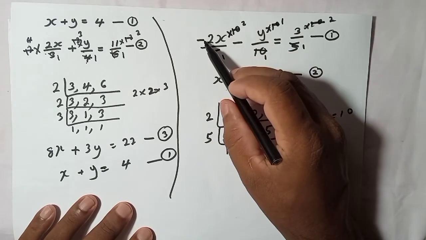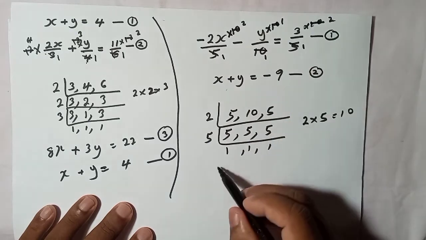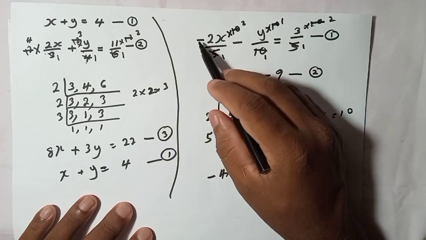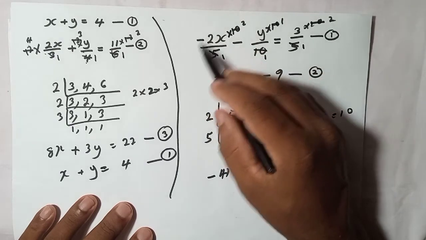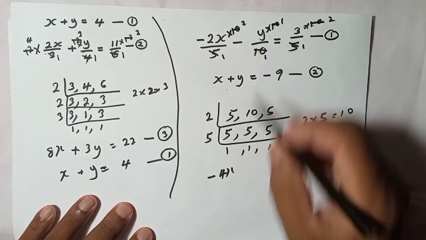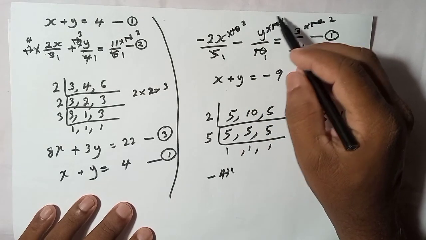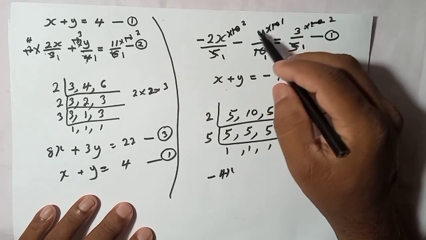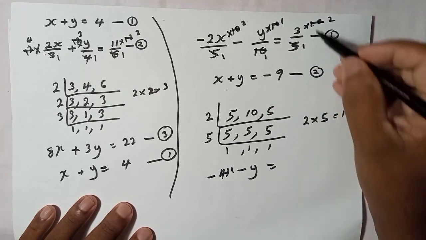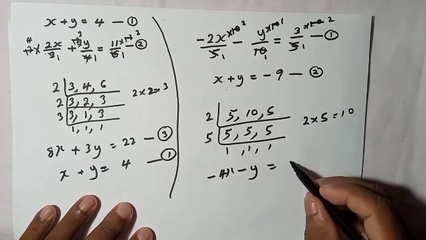Here 2 into 2x, it will be minus 4x, since plus into minus is minus, 2 into 2 is 4x. And here again 1 into y, it will be y, so minus y. And here 2 into 3, 6.